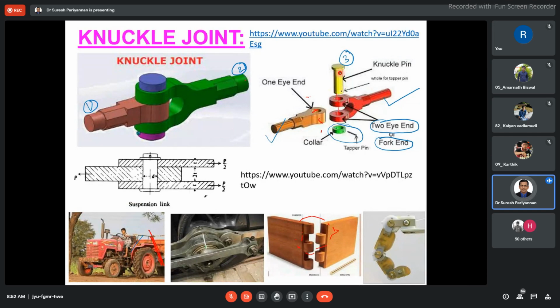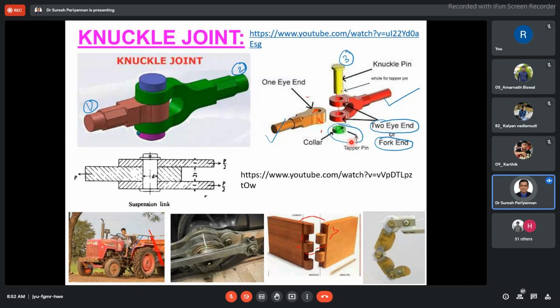Then, once we insert the pin through this hole, we use the collar at the other end of the knuckle pin for locking it. Then the axial tensile force can be transmitted easily. That is the procedure for how to assemble this knuckle joint.